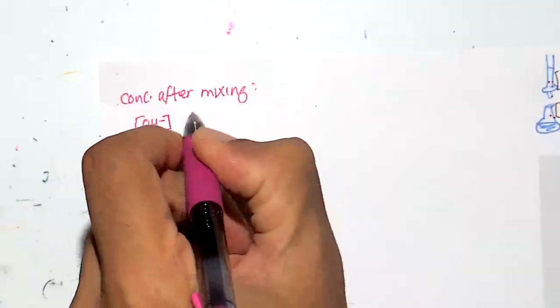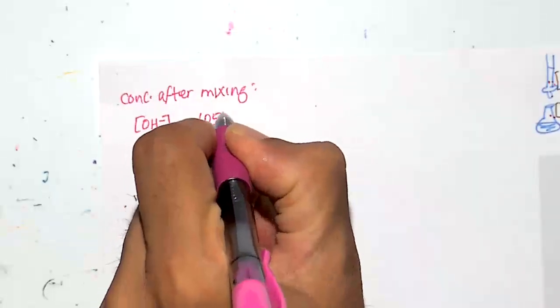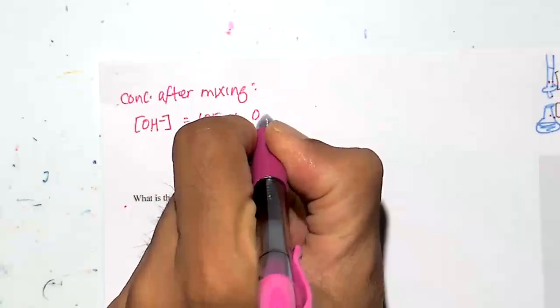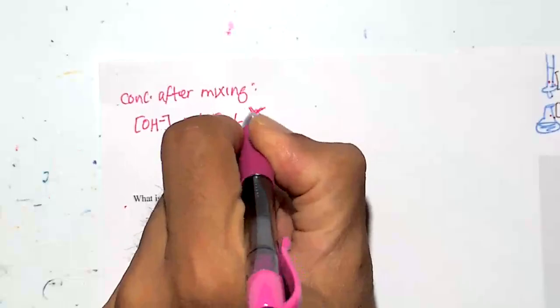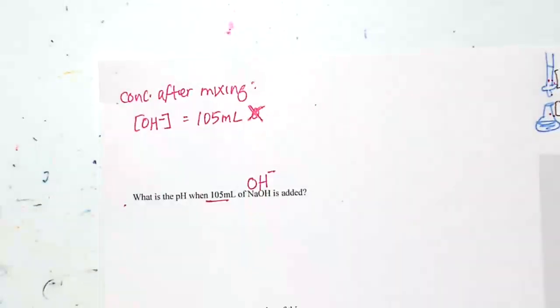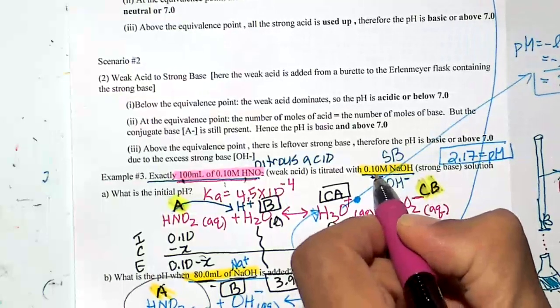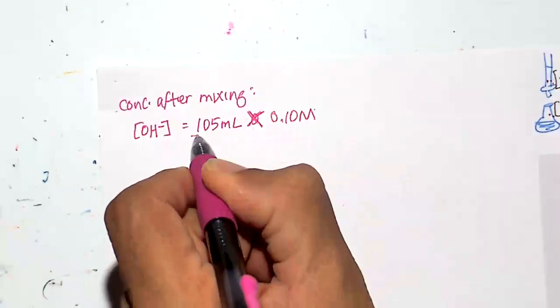First we'll do OH minus. So we have 105 mLs of NaOH, which is just basically OH minus, times what is the concentration? Okay, 0.10 molar NaOH.